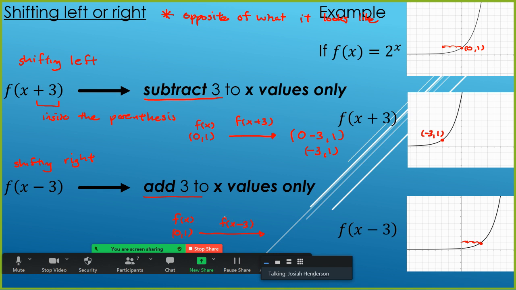This time it's f of x minus 3 in the parentheses. So I'm going to apply the opposite of minus 3, which is plus 3 to the x value. So 0 plus 3, comma 1, and that leaves me with a positive 3, 1. And we see that positive 3, 1 on the black graph on the right side, 3, comma 1.